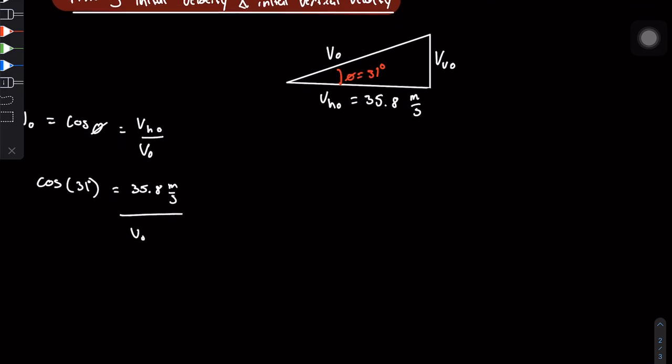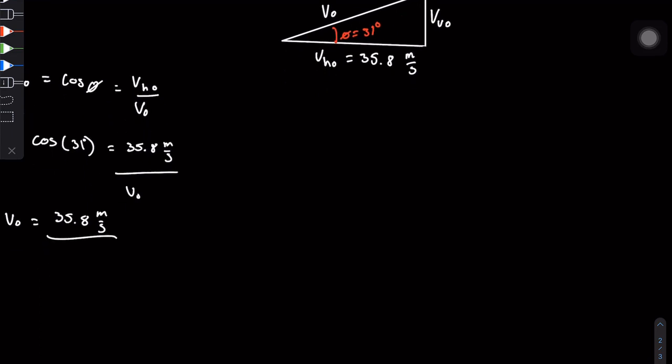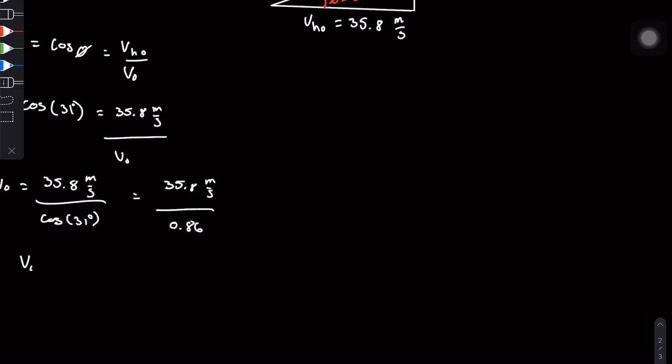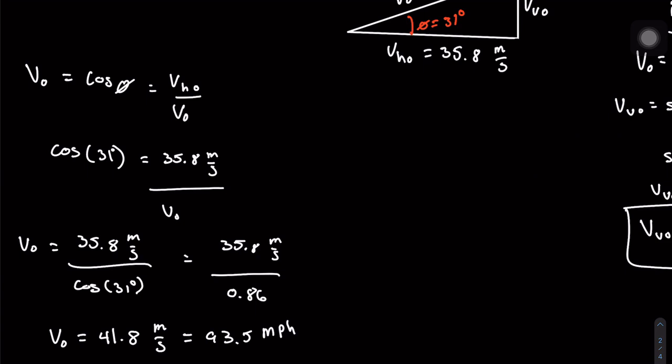So the initial velocity is equal to 35.8 meters per second over the cosine of 31 degrees, which is 35.8 meters per second over 0.86. So the initial velocity is 41.8 meters per second, which is equal to 93.5 miles per hour.